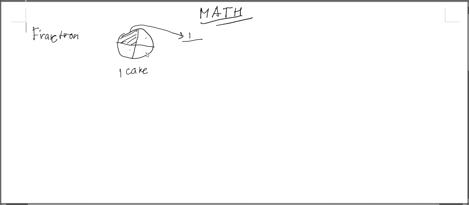So this is one piece of cake from four pieces of cake: one, two, three, four. This is the fraction, one piece of cake from four pieces of cake. This is one of the examples. For another example, maybe you buy candy, or a box of chocolatos.